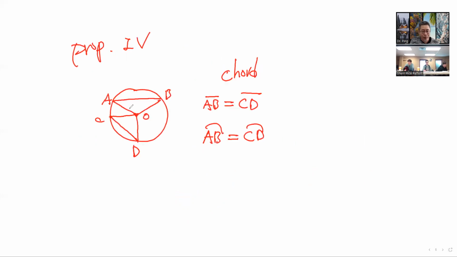And 4 is about the relationship between the chord and the arc. If chord AB is congruent to CD, then the corresponding arc AB is congruent to arc CD.